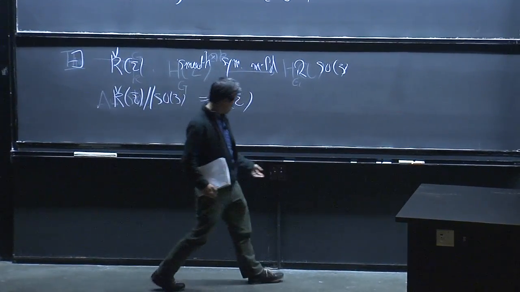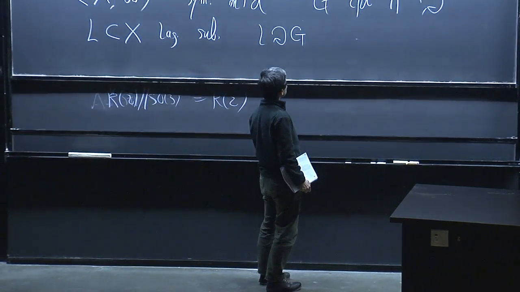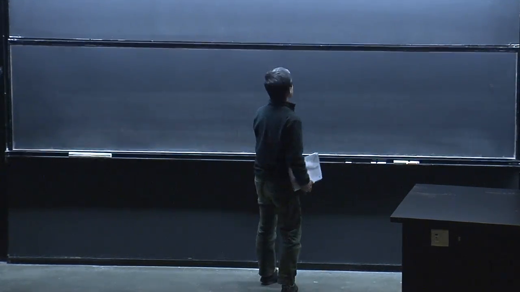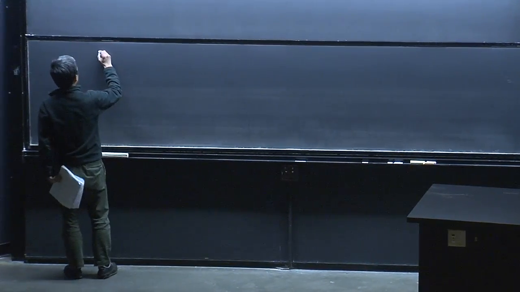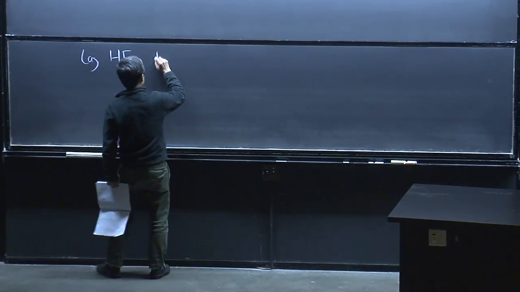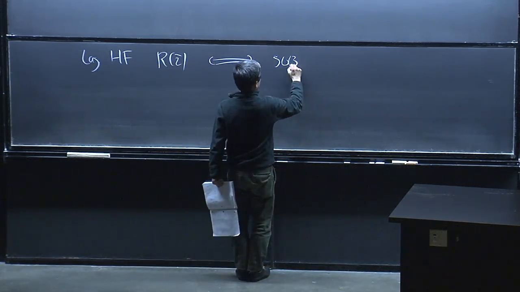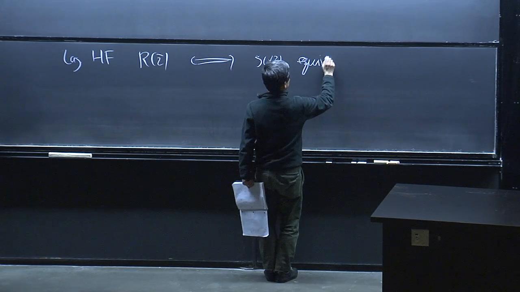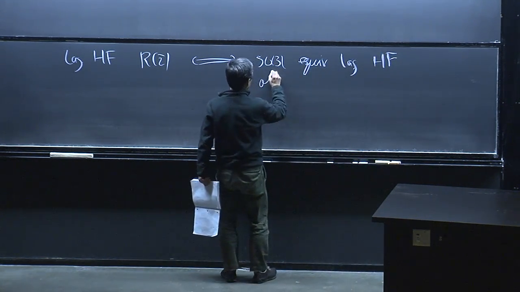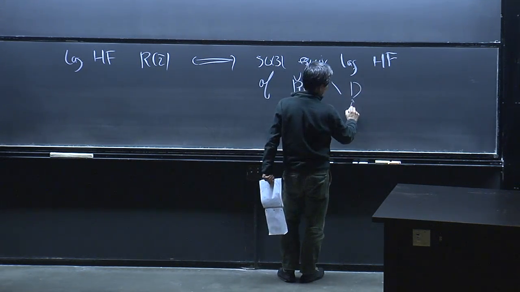Then what we want to do is to replace it: the Lagrangian Floer homology of a Lagrangian submanifold of the singular space should be equal to the SO3 equivariant Lagrangian Floer homology on this smooth space. To make it precise you have to remove some divisor, but I don't want to talk about it.